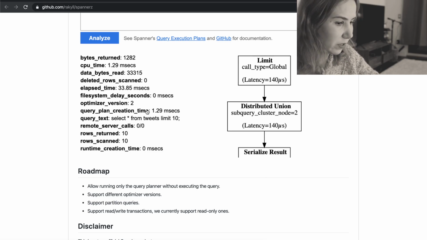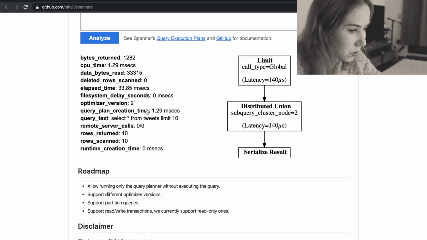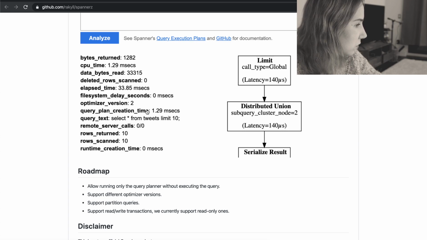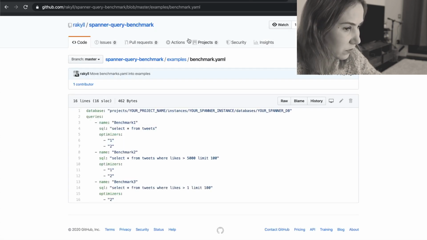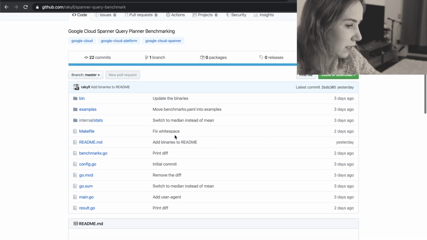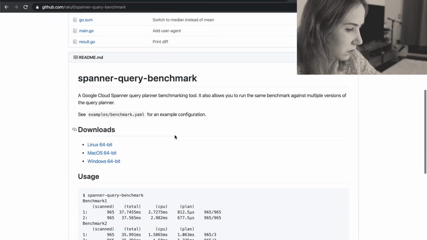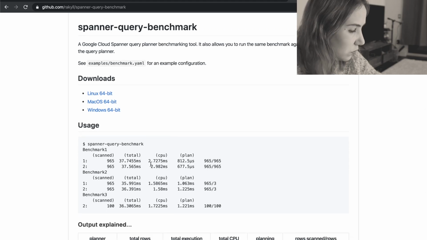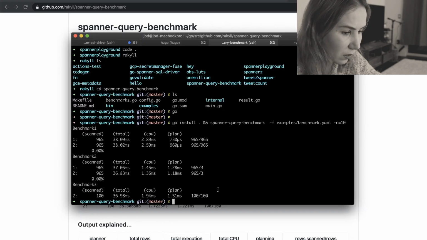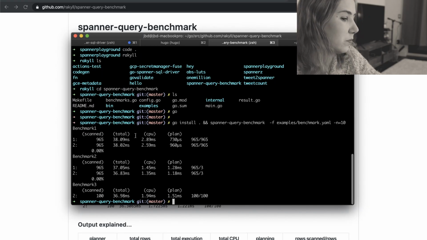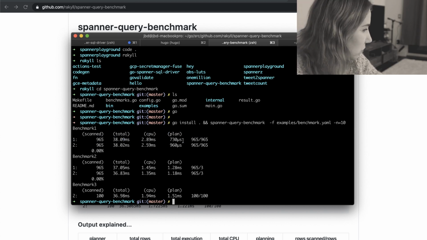And as you see, we have multiple optimizers at this point, and the benchmarking tool allows you to basically run against multiple queries and query planners. In this case, for this simple query, I don't have a good setup to actually demonstrate it.